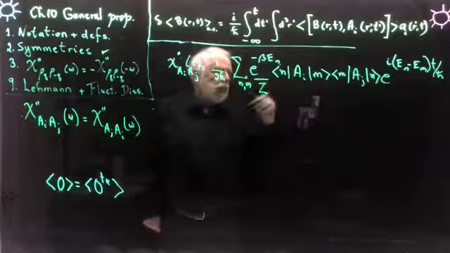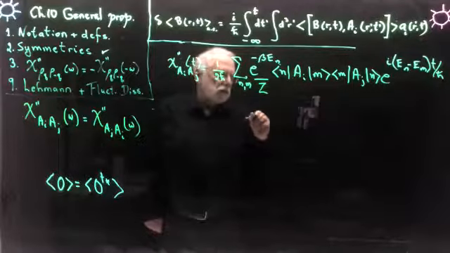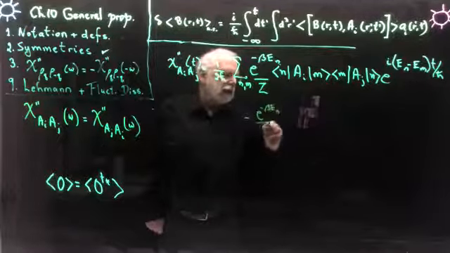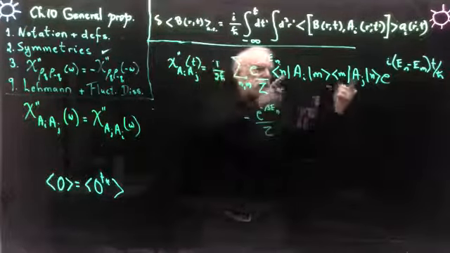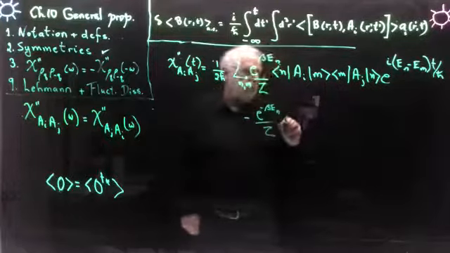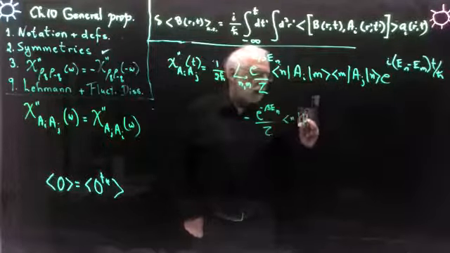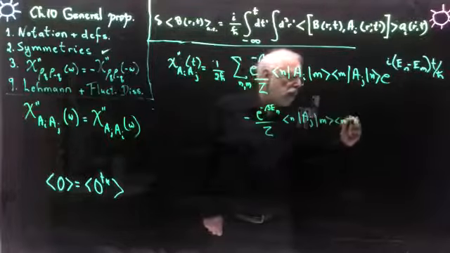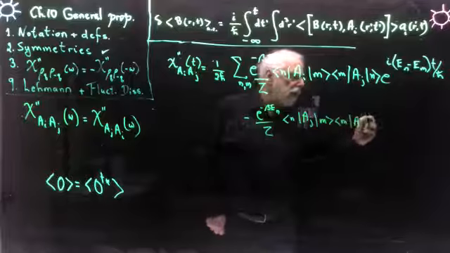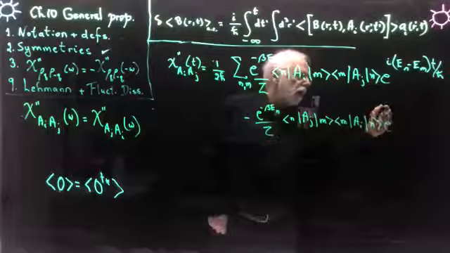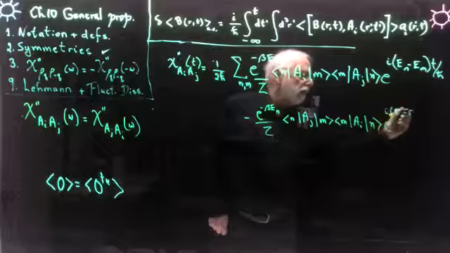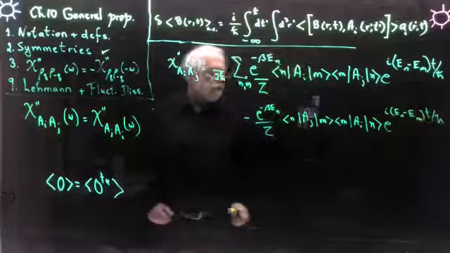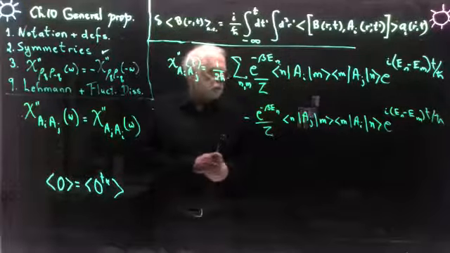Now this is a commutator, so I do minus e to the minus beta E_n over Z, and then A_i and A_j are inverted, so I get <n|A_j|m><m|A_i|n> e to the i (E_n minus E_m) t over h bar.